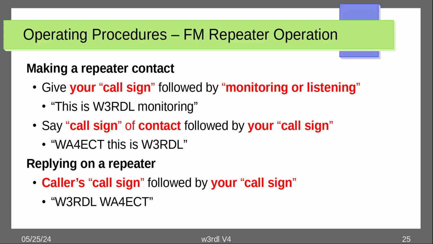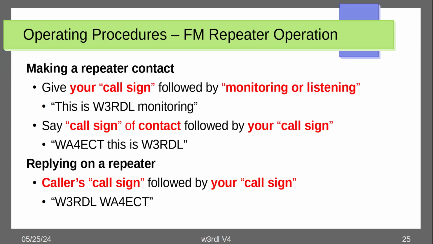I meant to ask that last week. I'm like, well, what do you have to keep up with? So you give your call sign and basically you're telling them that you're listening for somebody to contact you. If you're trying to contact somebody directly, you know who they are, then you would give their call sign followed by "this is" your call sign and wait for them to come back to you.